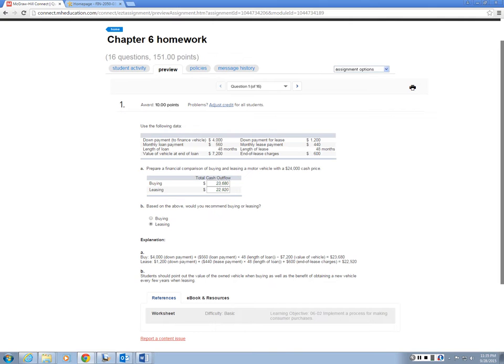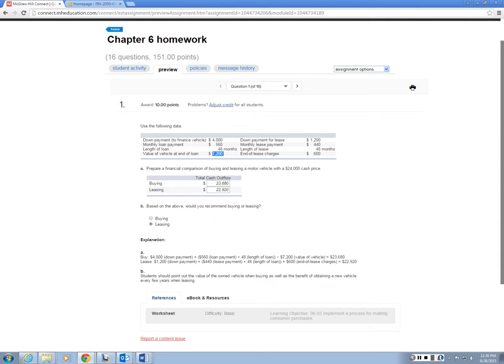We get that from $4,000 down payment, $560 loan payments times 48 months. But we also get $7,200 at the end of the loan that we could potentially sell that car for.